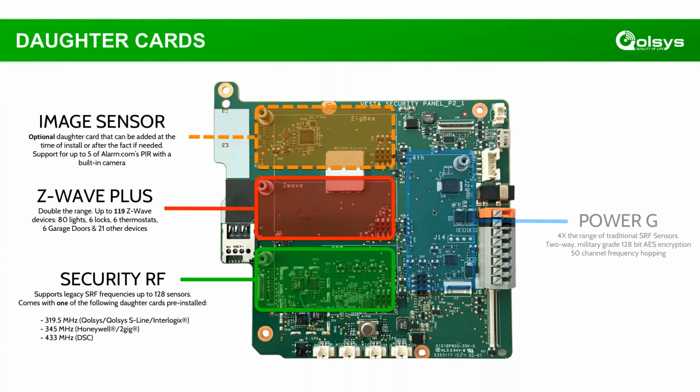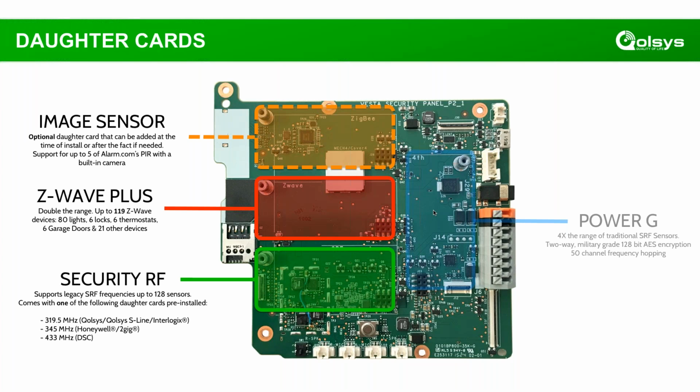Instead of using a repeater to repeat one of your other sensors, just use a POWERG door sensor or a POWERG motion detector or a POWERG smoke detector, right? It's going to be a lot cheaper, it's going to be a lot quicker, and you're going to get the range that you need out of it. So POWERG is really cool. We just did a 12,000 square foot mansion in California not too long ago, all POWERG, 0 issues, 0 repeaters, no problems, been working perfect ever since.